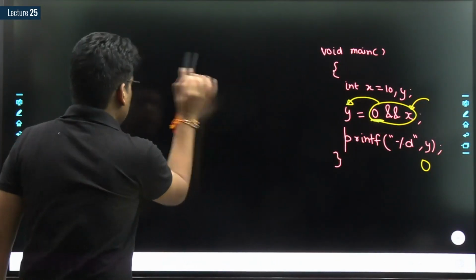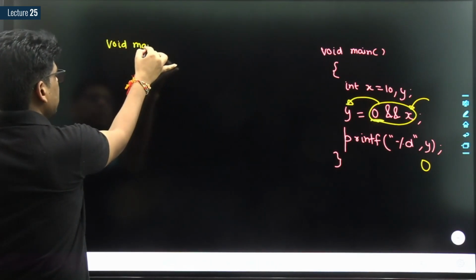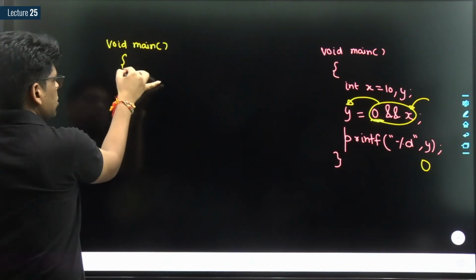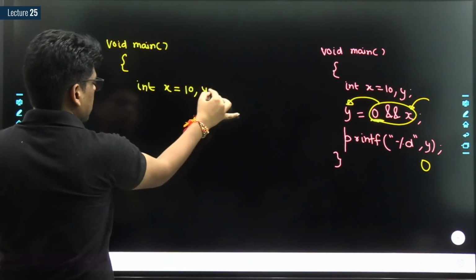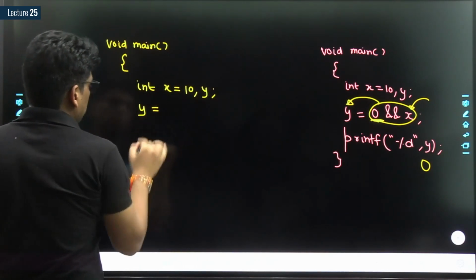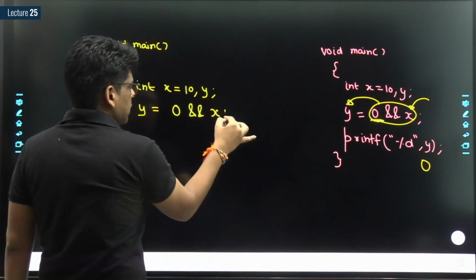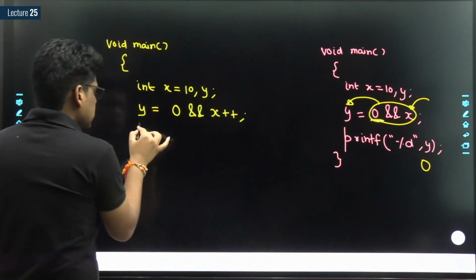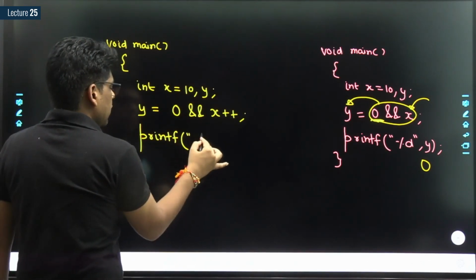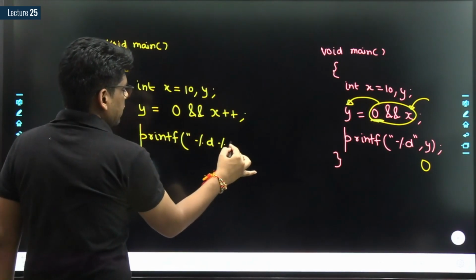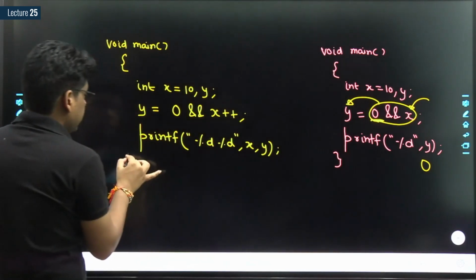But now you get to know how things work and why we need to understand short circuit evaluation. Sir, int x is equal to 10, y is equal to 0 and x plus plus, printf %d comma x comma y.